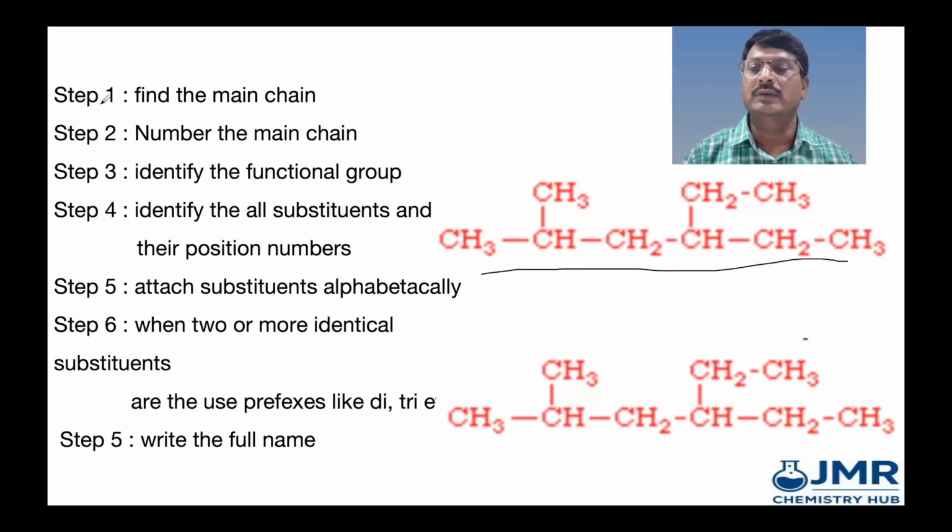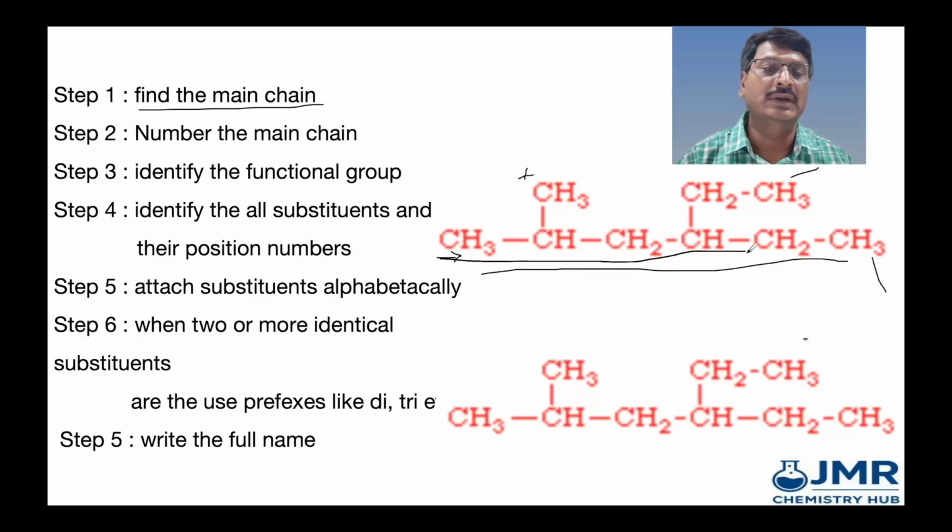Same thing, you have to follow the same steps to write the name of an organic compound. What is the first step? Find the main chain, nothing but the longest continuous chain. To find the longest continuous chain, start from any end, from here or from here, like that, and continuously go to the other end. The chain which gives the longest chain, or more number of carbons, is the main chain.